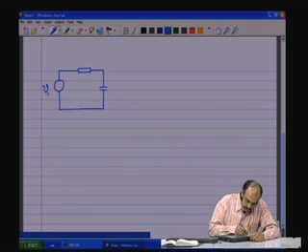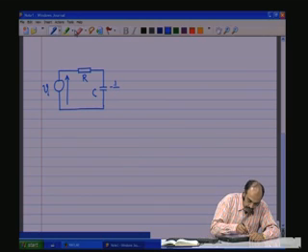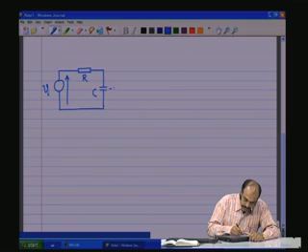There is a V I, there is a R, there is a C. C is going to give a capacitive reactance, which I can just put as minus j X C. Now, there is a current through the circuit and that current is I.